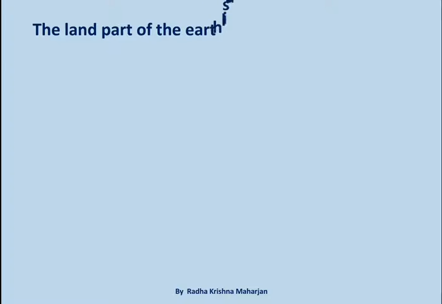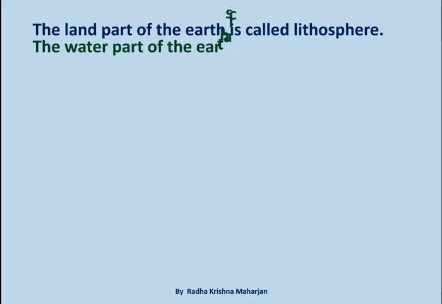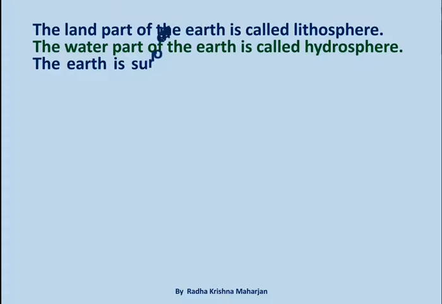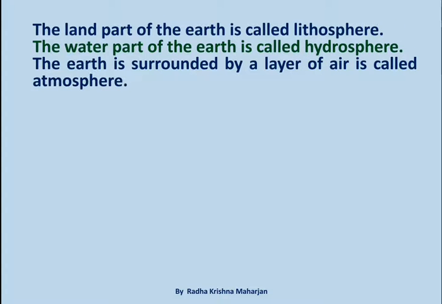The land part of the Earth is called lithosphere. The water part of the Earth is called hydrosphere. The Earth is surrounded by a layer of air, called atmosphere.